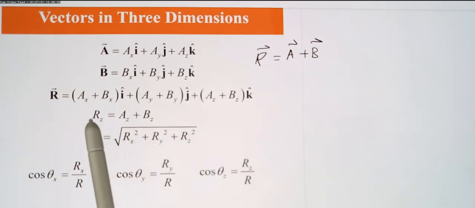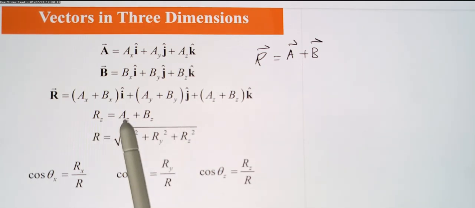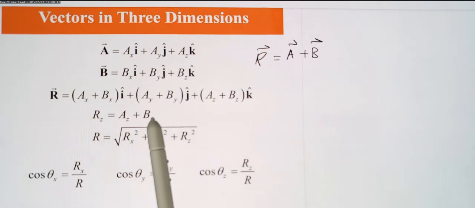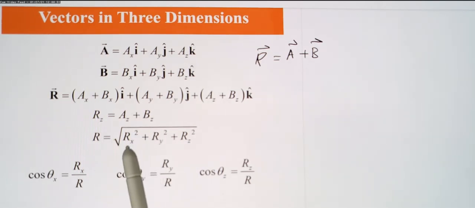Okay, we want to know the length of R. Well, the length of R is the length of A plus the length of B. And how can we get it? Well, Rx square plus Ry square plus Rz square.